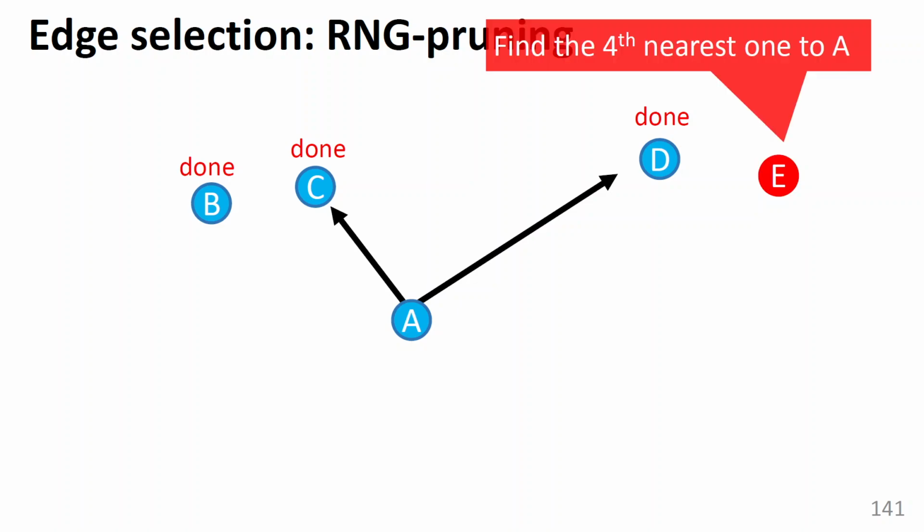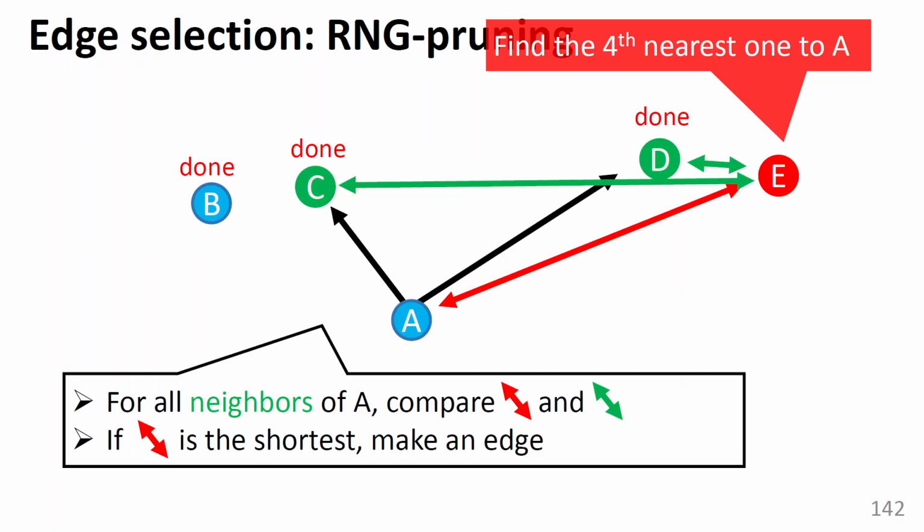And the last one is node E. We apply the same procedure. We compute the distance between E and A's neighbors. A currently has C and D as neighbors, so we have to compute the distance between CE and DE. From this, we find DE is very short.